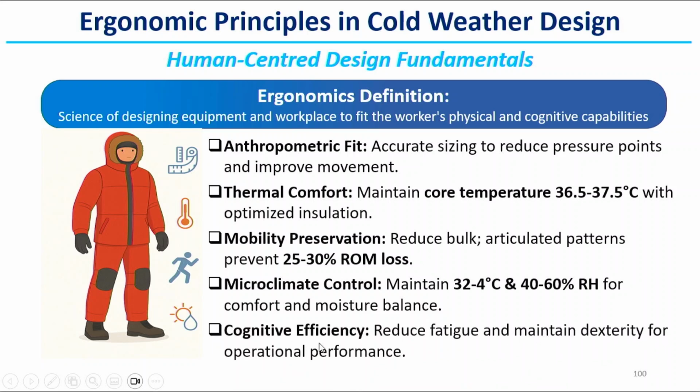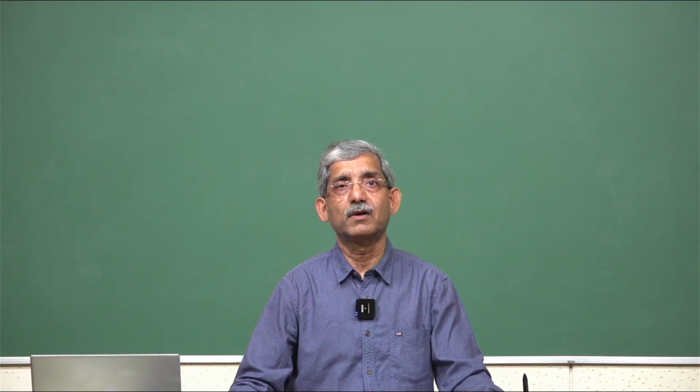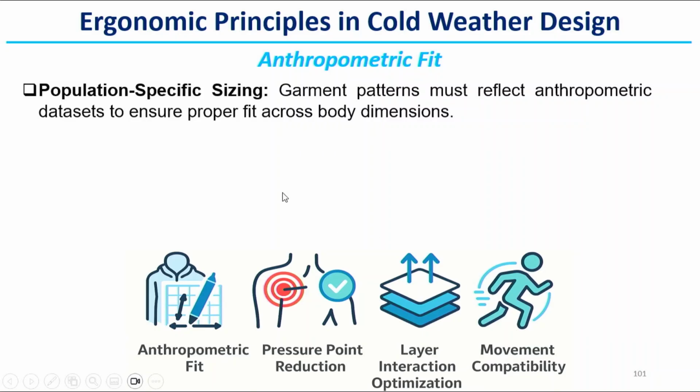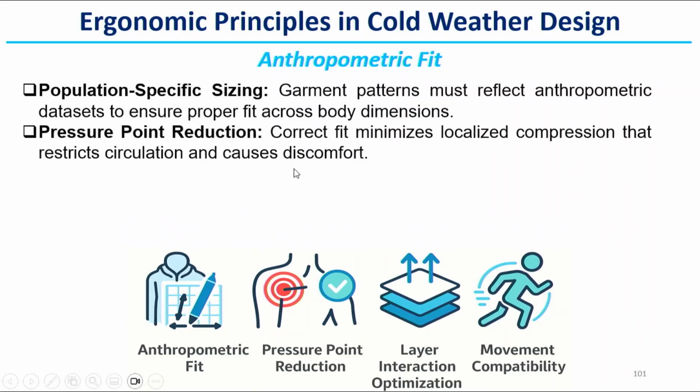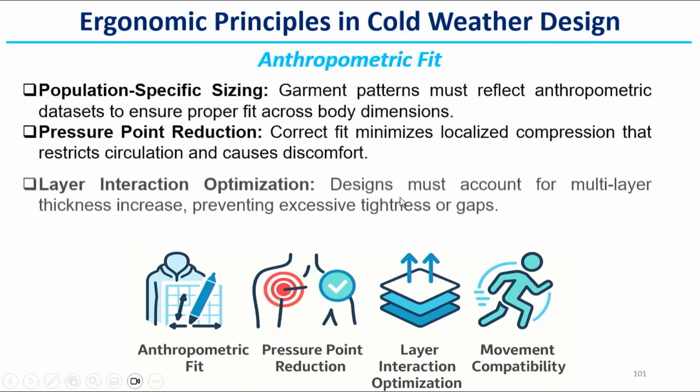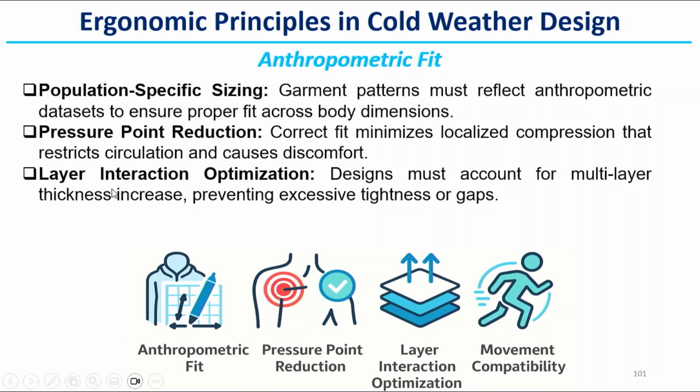And cognitive efficiency: reduce fatigue and maintain dexterity for operational performance. That we should try to develop. And here, anthropometric fit: population specific sizing is required for the garment, and pressure points should be reduced. Layer interaction optimization: we should design the multi-layer fabric so that the interaction is optimized.